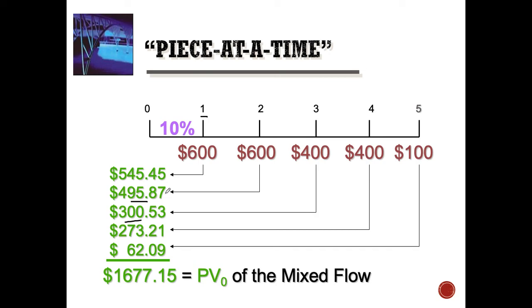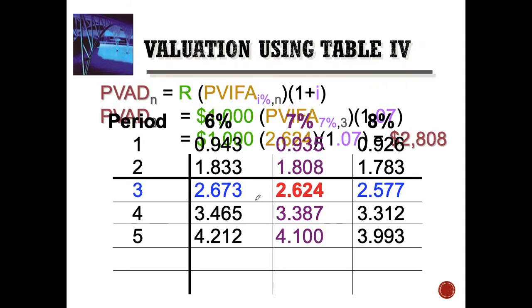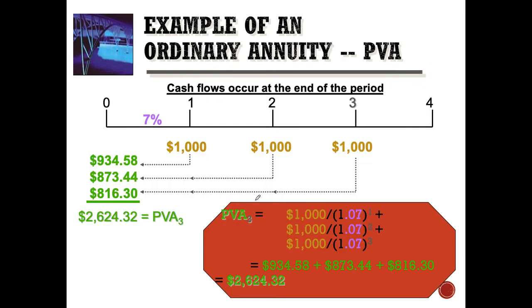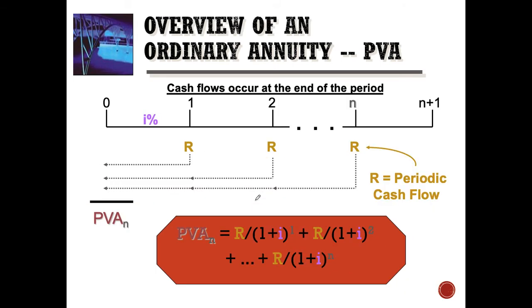For here it is 600 per 1 plus 10% to the power of 2. Use this formula.